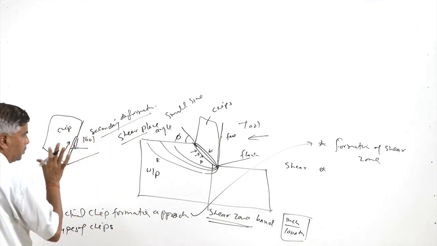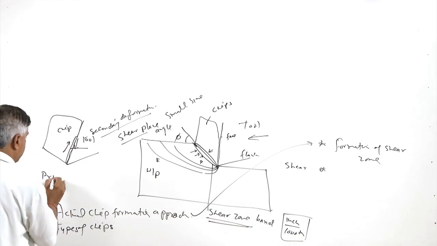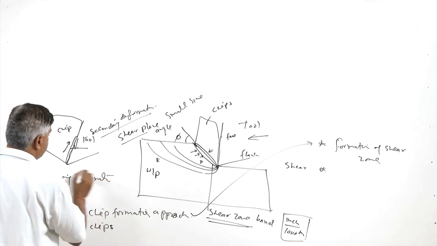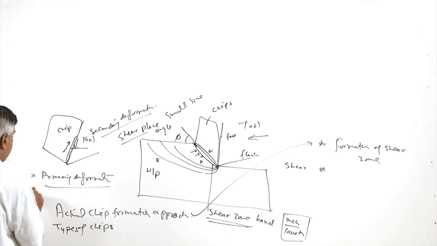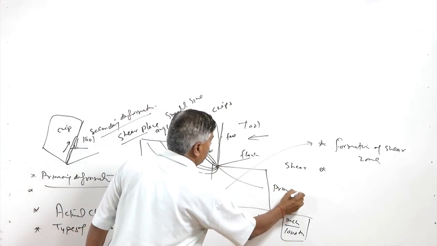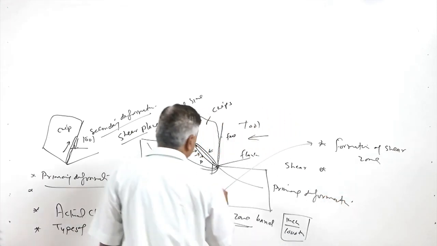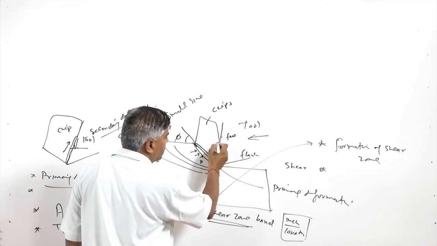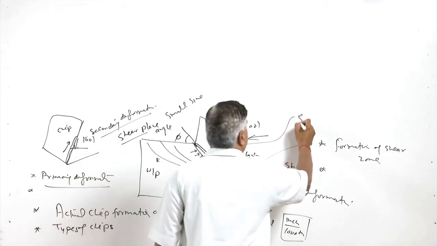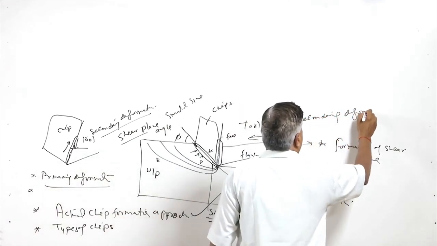So, there are two deformation zones formed during metal cutting. One is the primary deformation zone, along which shearing takes place and the chip is formed. Another shear deformation takes place at the tool-chip interface, which is termed the secondary deformation zone.